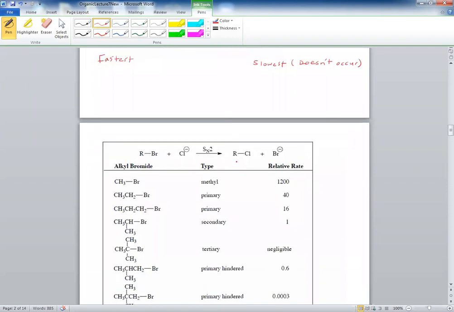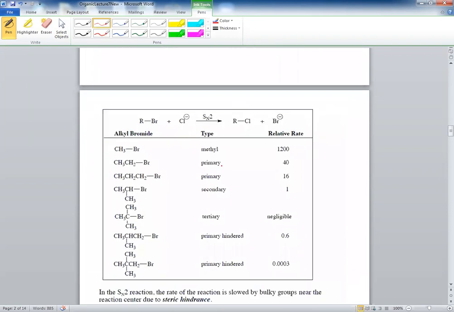We have to explain why that is. So if we look at some data here, imagine Cl is going to replace Br in an SN2 reaction. Here's your nucleophile. Here is X as the leaving group, and your electrophilic carbon is this attached to this R group.